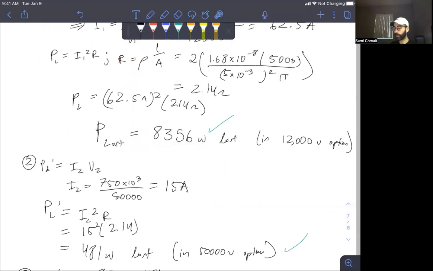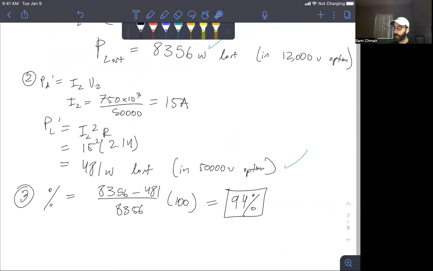We know that in a situation when the voltage is not as high, the power lost will be greater than when the voltage is higher. And that's what we prove here. And then you do this percent difference calculation, right? So it tells you what percent power can be saved using this scenario versus this one. Okay, you just multiply by 100 because it's a percentage.